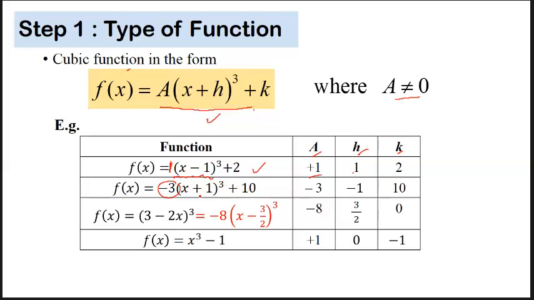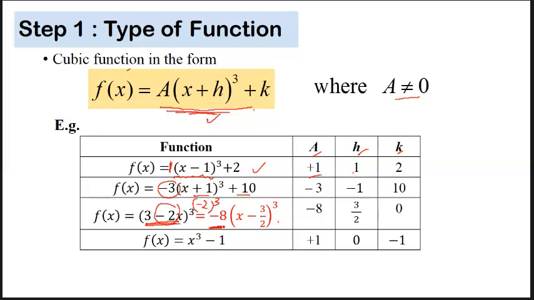So a, h, k. The next one doesn't really look like the general form that we have originally, but we notice that we can convert it by doing factorization, where we try to factorize negative 2 out. By the time you factorize negative 2 out, you have negative 2 to the power of 3, which gives us the result of negative 8.